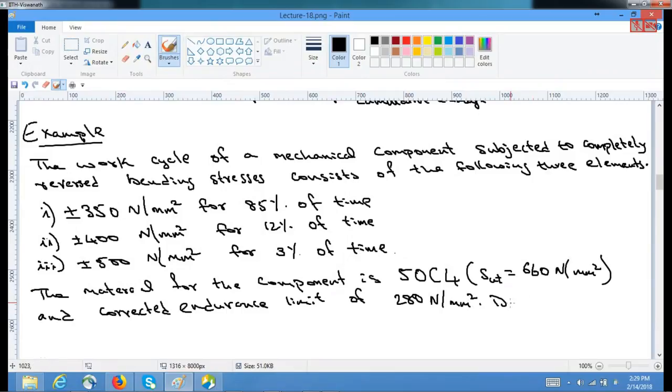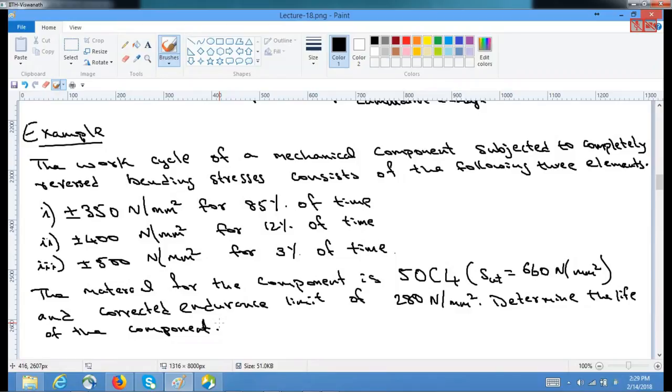So we have to determine the life of the component. So this is what we have to find out today. So let us work it out line by line to get the answer.